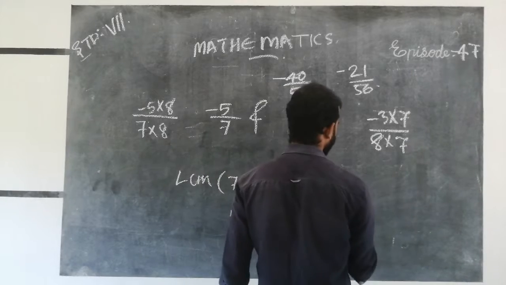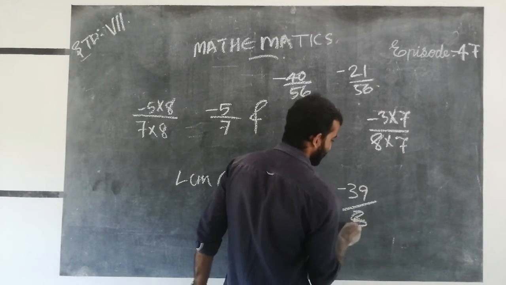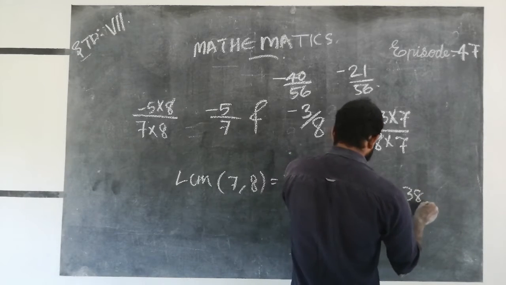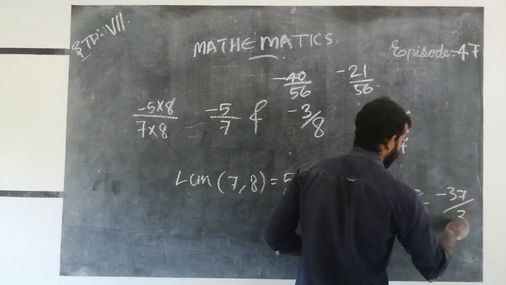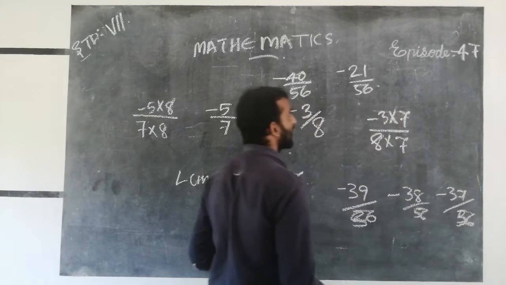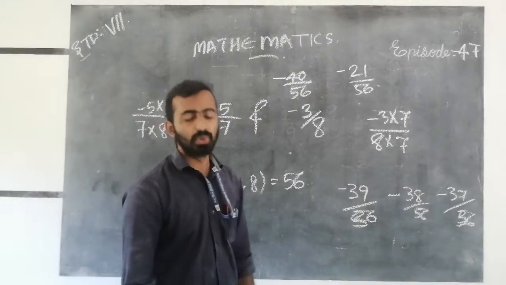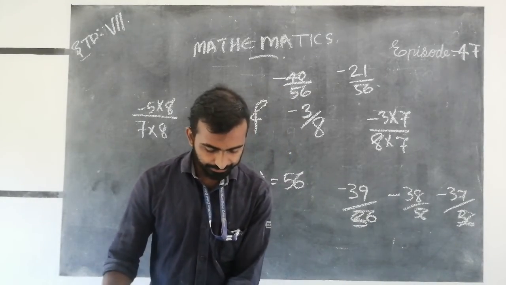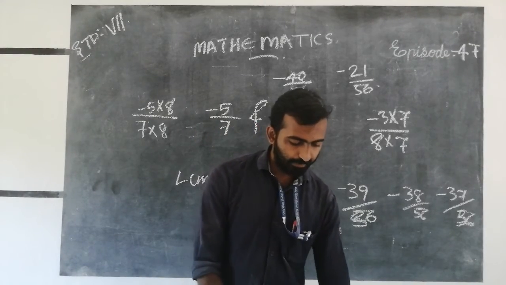That is, we can write negative 39 by 56, negative 38 by 56, negative 37 by 56, negative 36 by 56, etc. That is the solution. We can find many numbers.